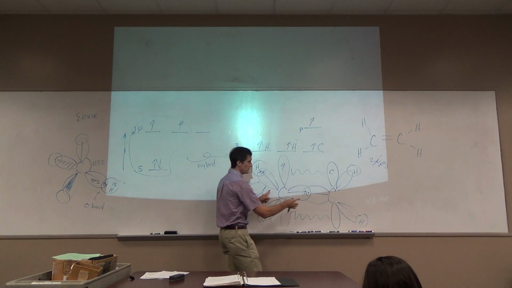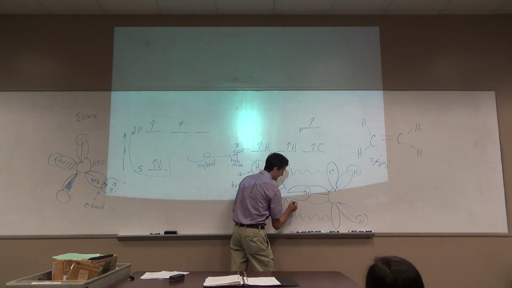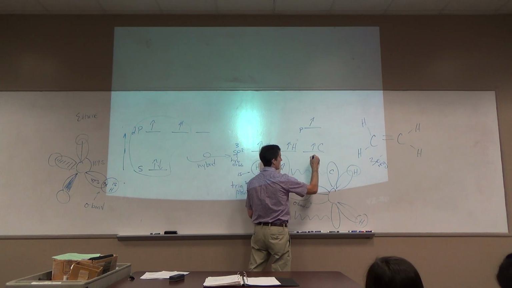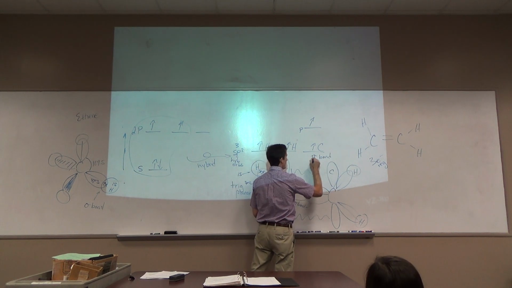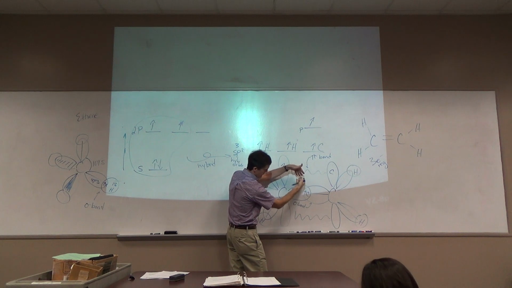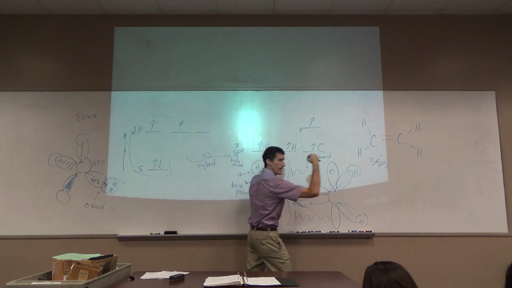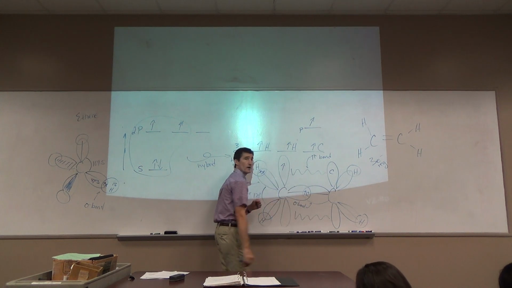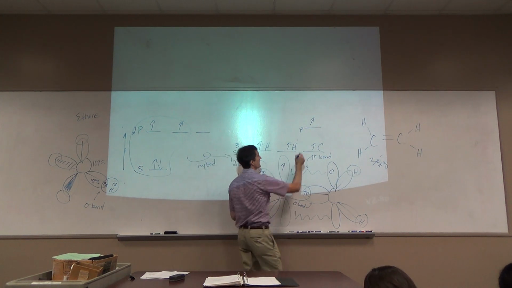So what do we have between the two carbons? We have the sigma bond, and what else do we have? We have the pi bond, which is side to side, all the way through. So how many bonds between the carbons? Two, a double bond.